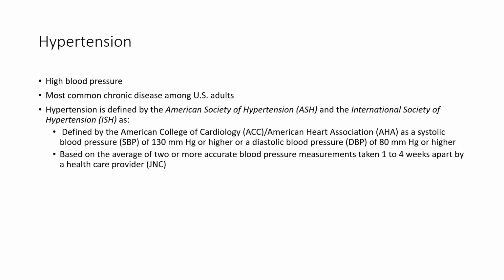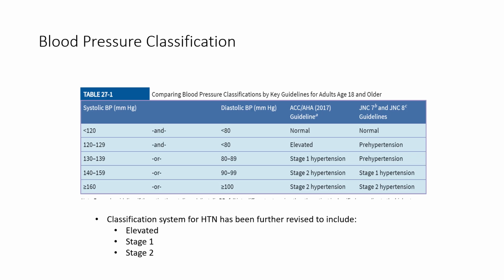The ACC and AHA classification now includes the stages of elevated, stage 1, and stage 2 hypertension categories, and this emphasizes the increased cardiovascular risk associated with even slightly elevated blood pressure. This is a chart that is in your book, table 27.1.